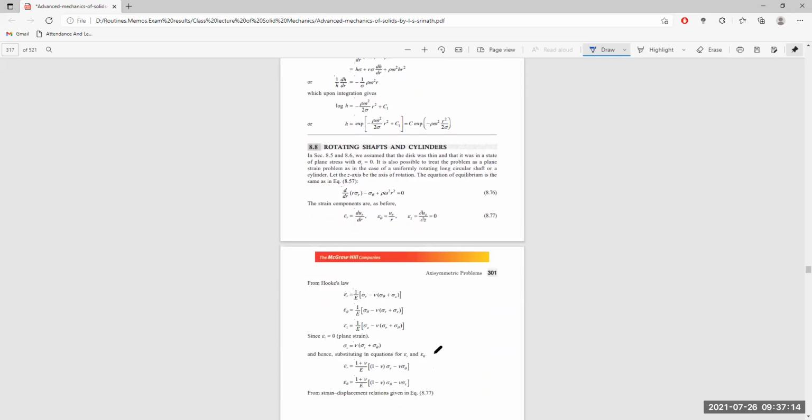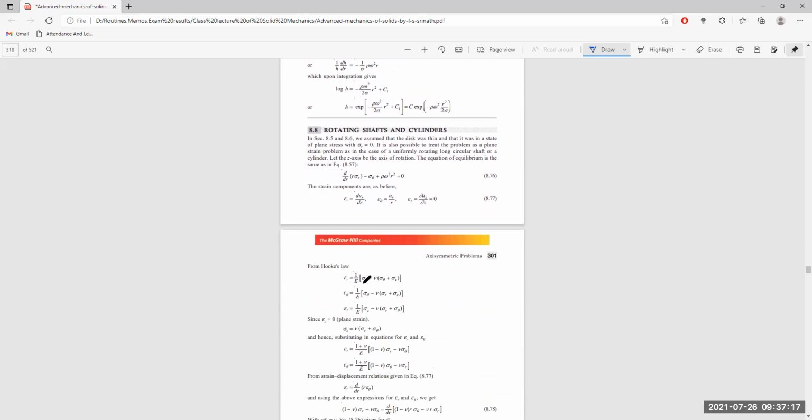Now, Hooke's law: radial strain, circumferential strain and longitudinal strain are equal to 1 by E into sigma r minus mu into sigma theta and sigma z, and so on. So epsilon z is equal to 0. We put epsilon z equal to 0 itself.